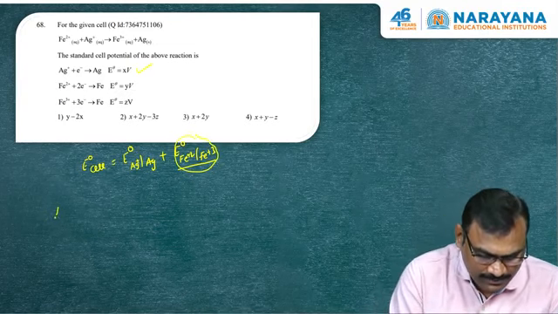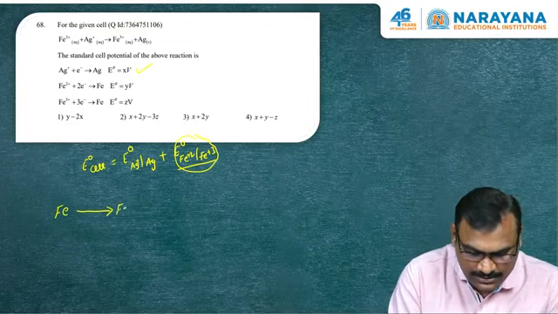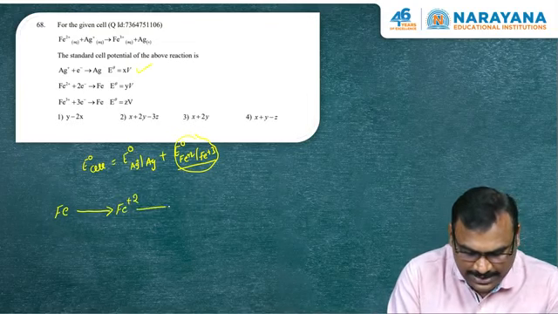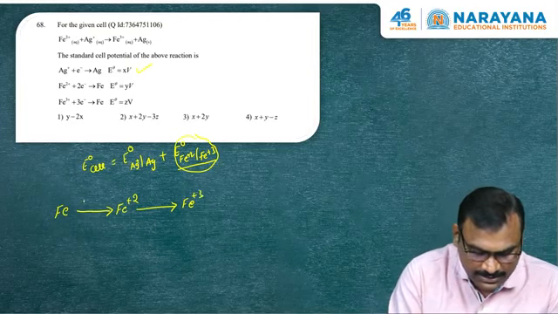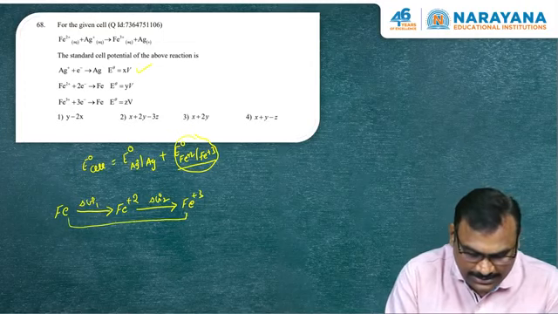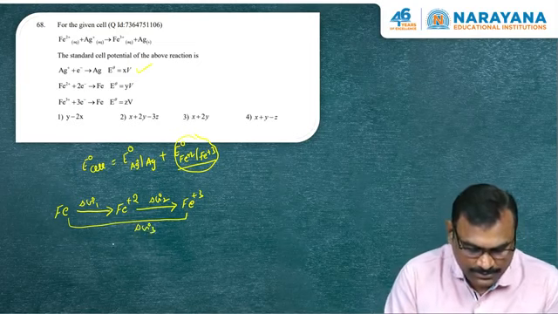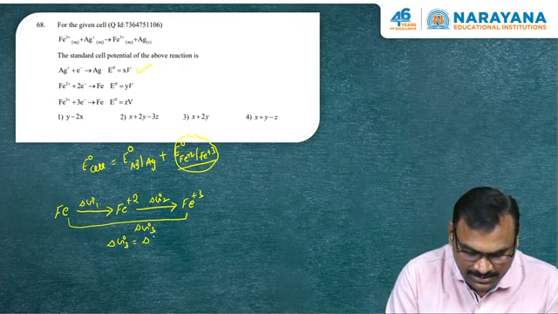Let us see here, iron becomes Fe2+ and it will become Fe3+. Say this is delta G naught 1, this as delta G naught 2, and this as delta G naught 3. We know the free energy change in the overall reaction is equal to the sum of the free energy changes in the individual steps.